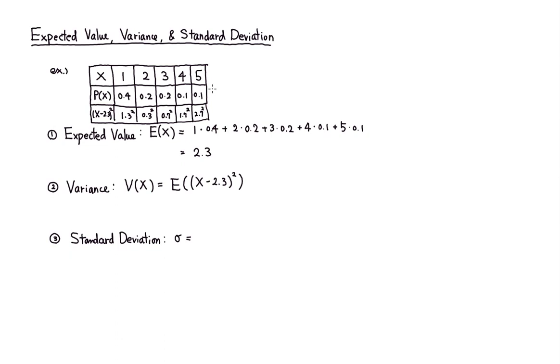Then you just need to find its expected value. So the value is 1.3 squared, and the probability is 0.4.